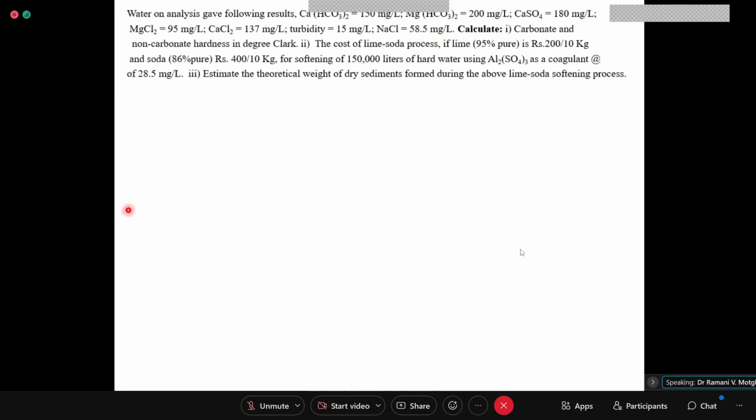Now, what you have to calculate? Calculate carbonate and non-carbonate hardness in degree Clark.